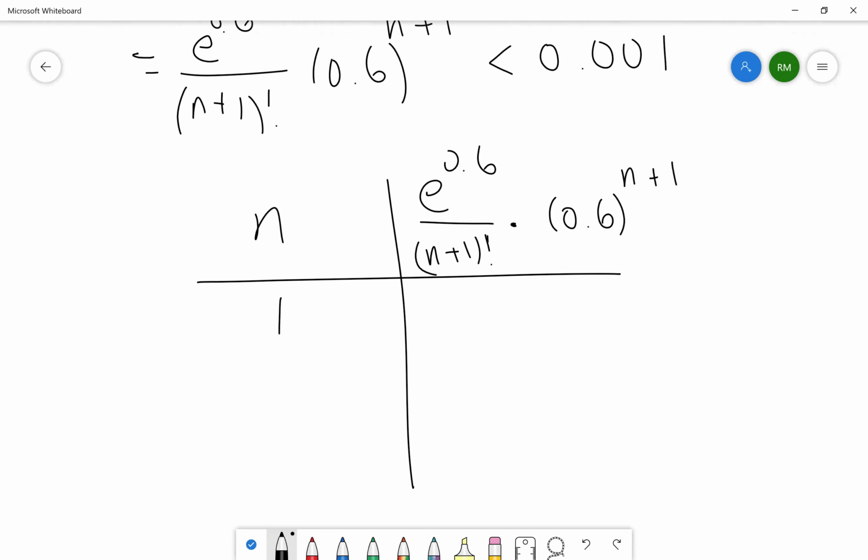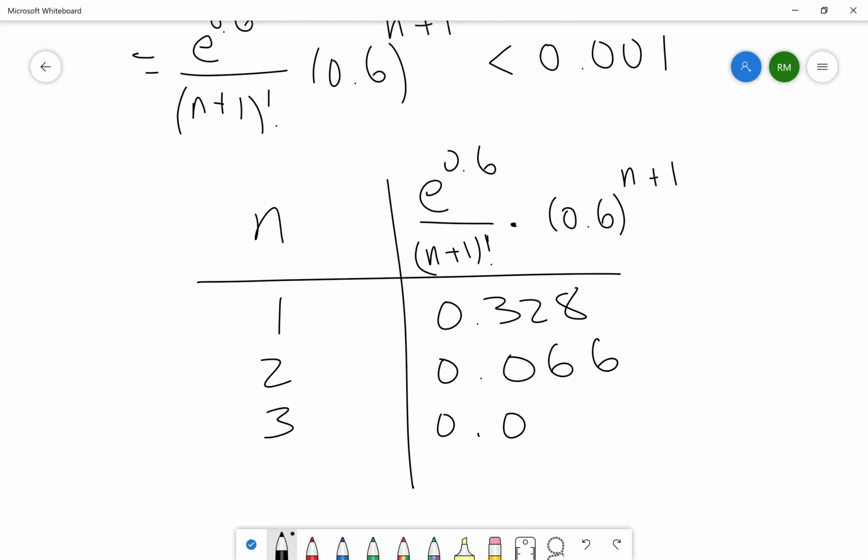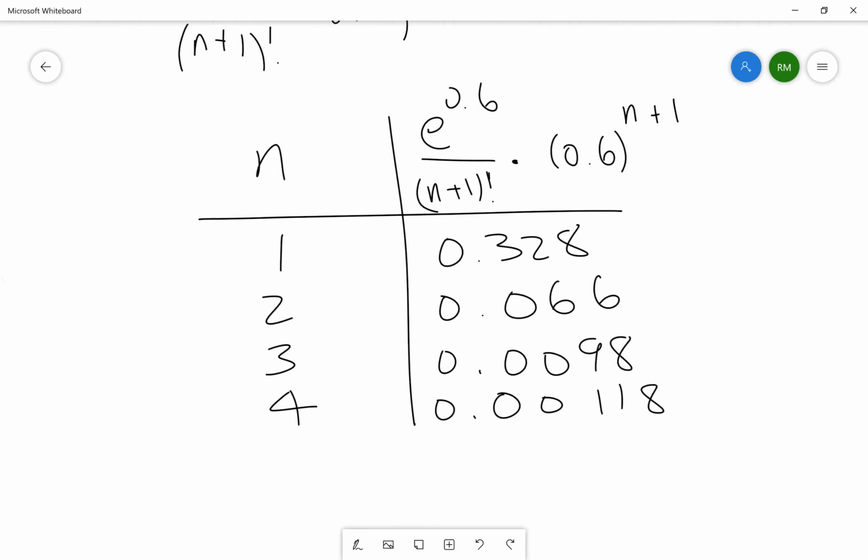Okay, so if n is 1, I can plug it into the calculator and I get 0.328. For 2, I get 0.066. For 3, I get 0.0098. For 4, I get 0.00118, which is very close, but not quite.